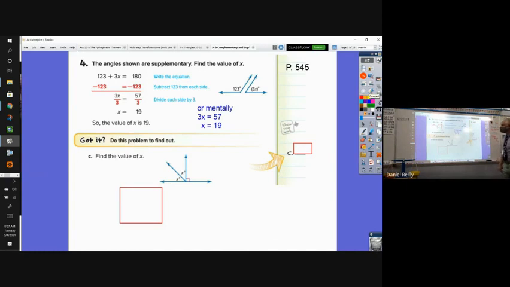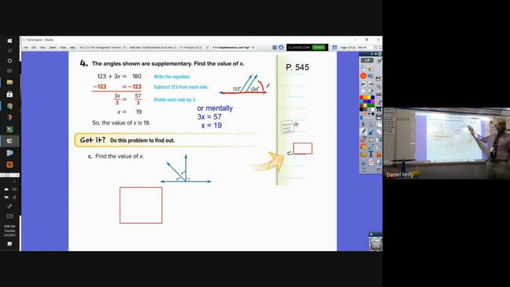Next example. These two angles shown are supplementary, and you can tell they're supplementary because they make a straight line when you add them together. Again, I'm not so concerned that you know what x is, more importantly, what is the measure of this angle right here?